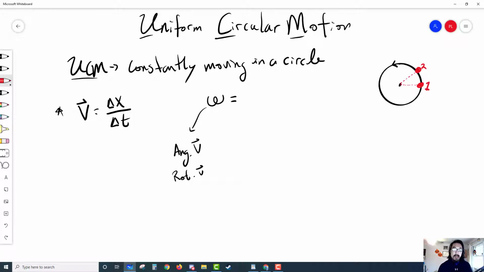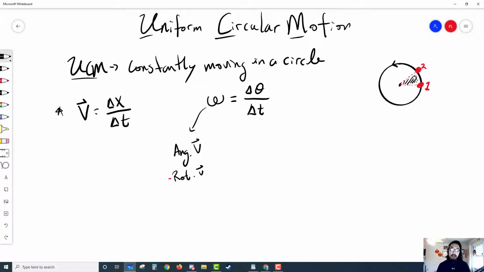The change in angle between 1 and 2 is our new displacement, and we call that the angular displacement. This shaded section of the circle is our displacement, and we call that delta theta, the change in the angle, over the change in time.